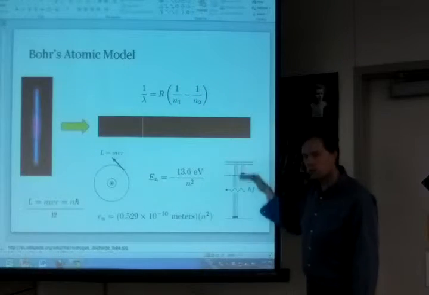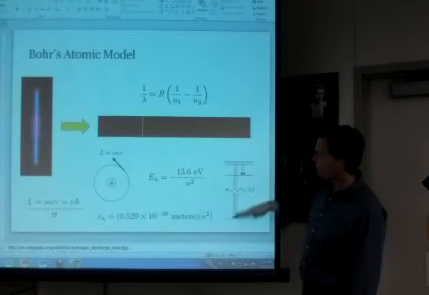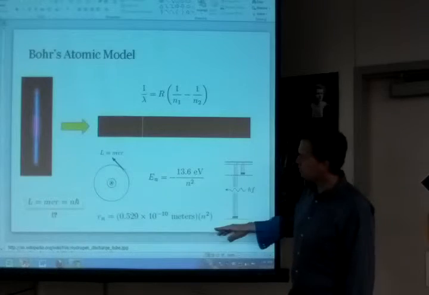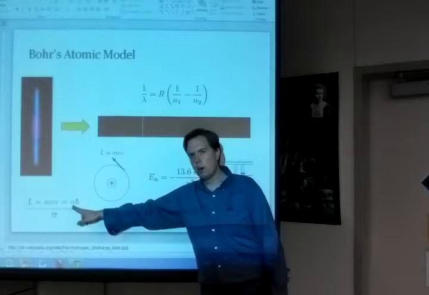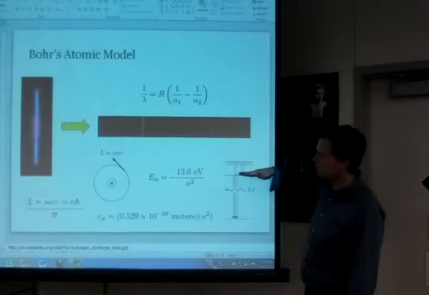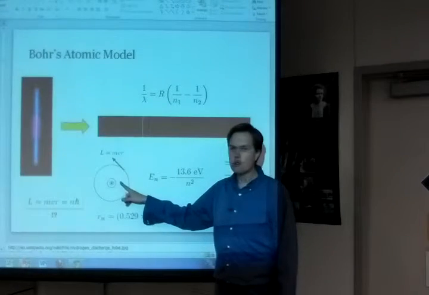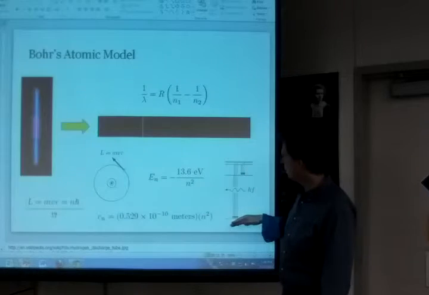And this is the picture you should have in your mind. You've got energy levels. This is an energy diagram. The lowest energy level here is kind of the central orbit. It's the n equal 1 value. At a higher orbit, an energized orbit, the radius increases because you've got more energy available. The potential energy increases.